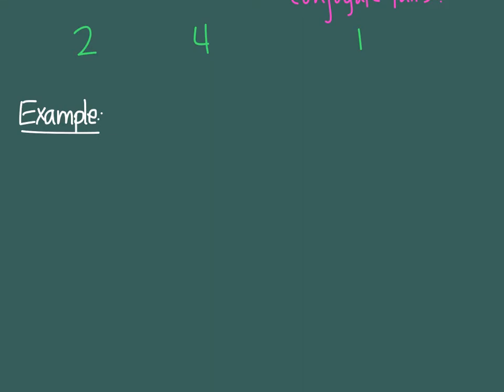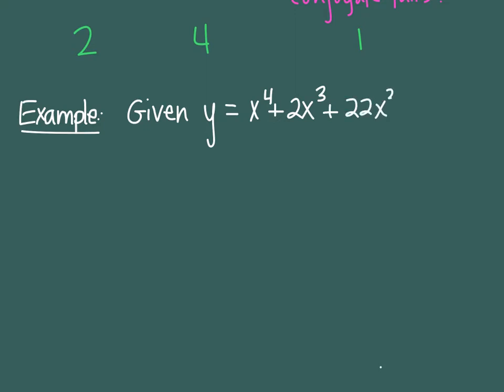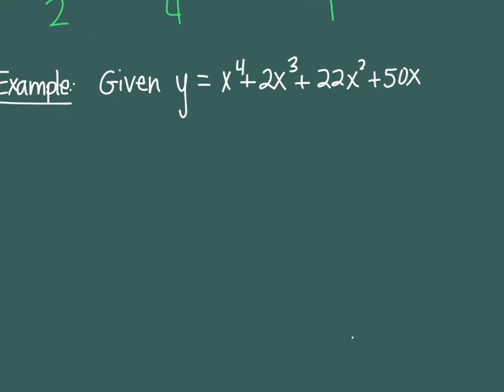All right, so given the following problem, y equals x to the 4th plus 2x to the 3rd plus 22x to the 2nd plus 50x minus 75.